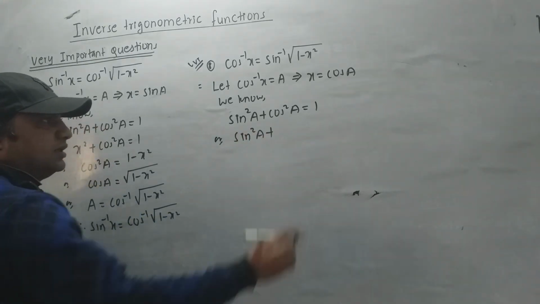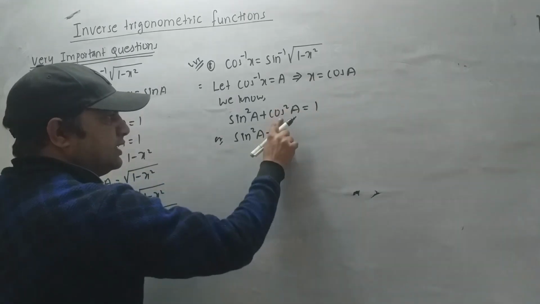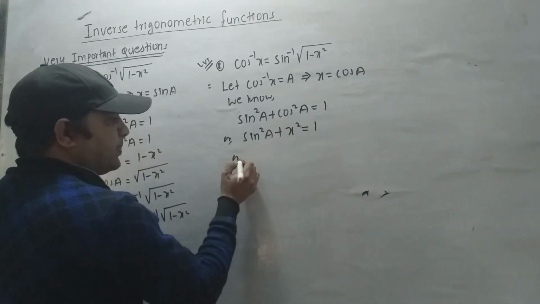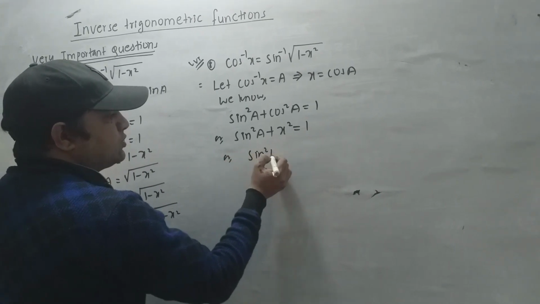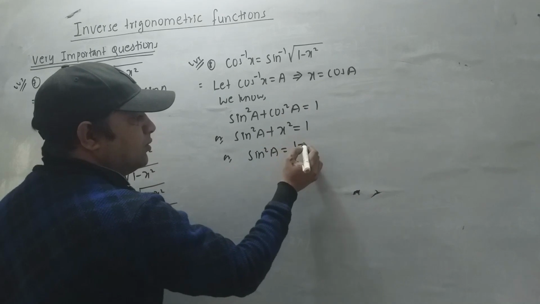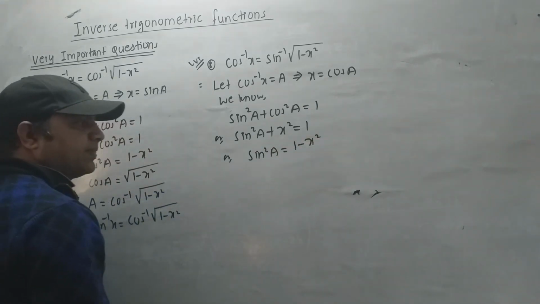For cos you can replace x, so x square plus sin square a equals 1, or sin square a equals 1 minus x square, taking x square to the right hand side.